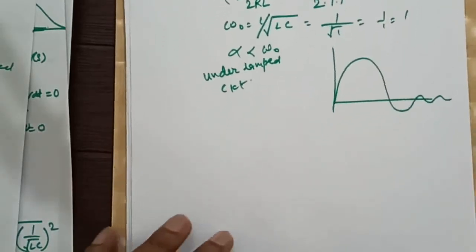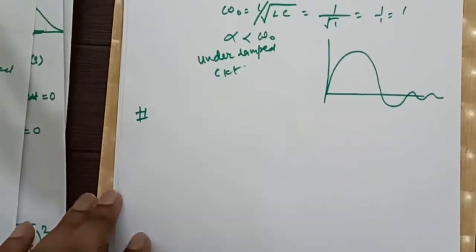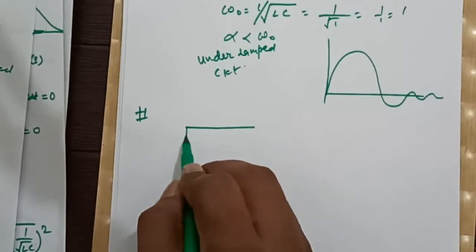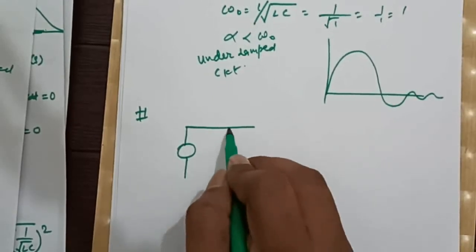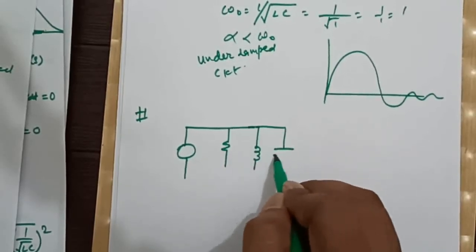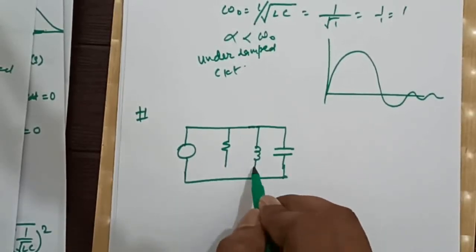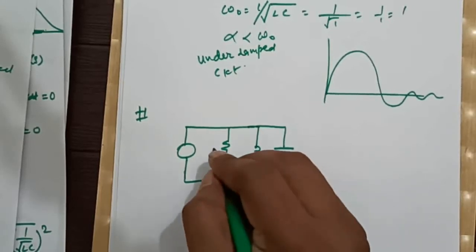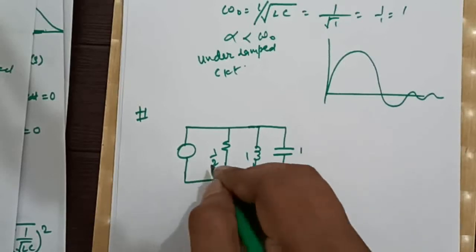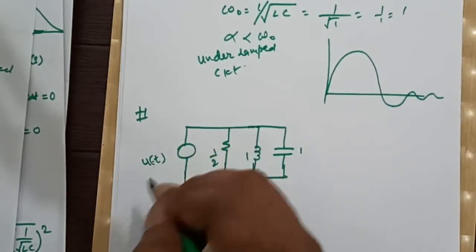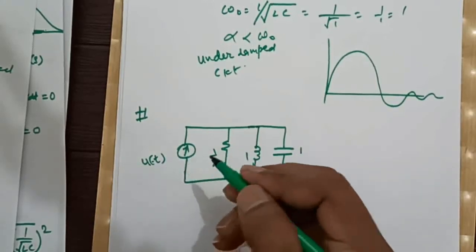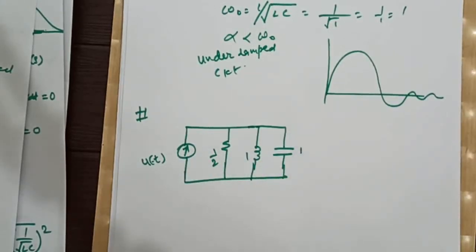I take one more example. And this time we will consider a parallel RLC circuit. This is 1 by 2, this is 1, and this is 1. U of minus t, this is current source, right?